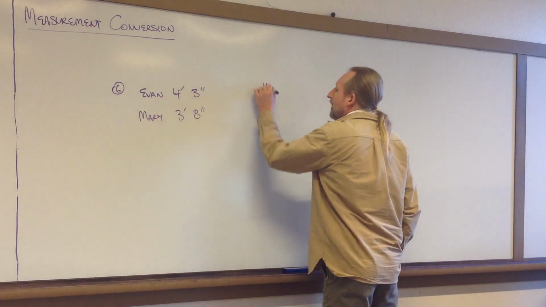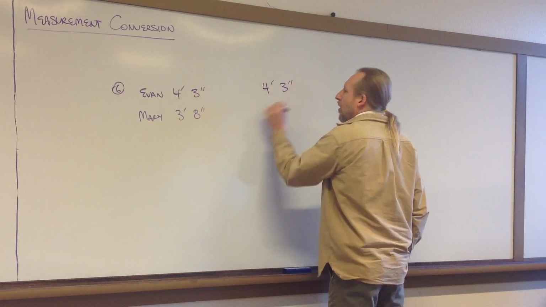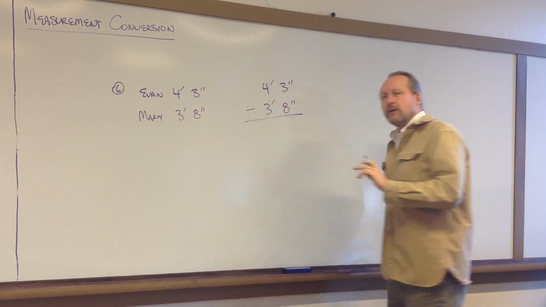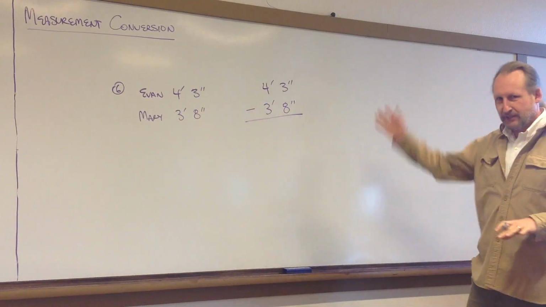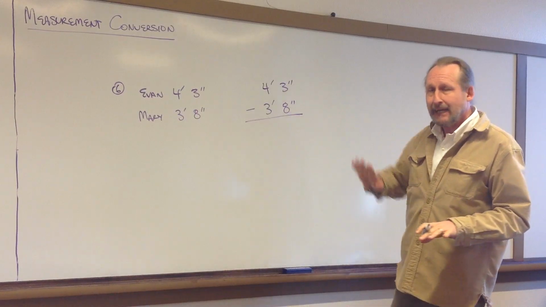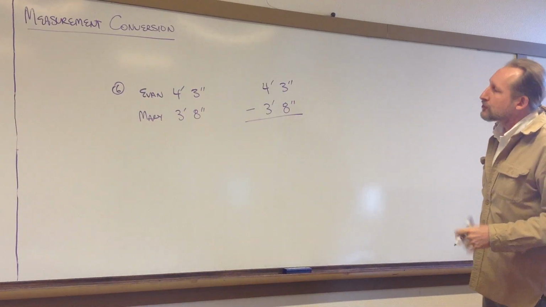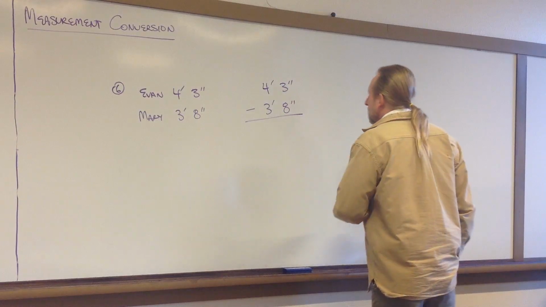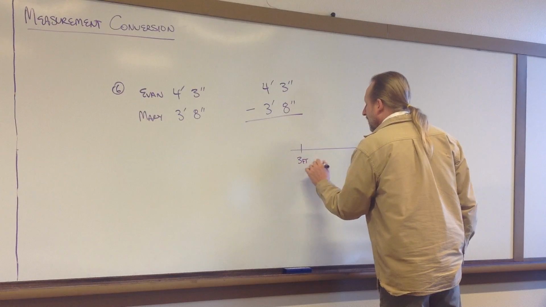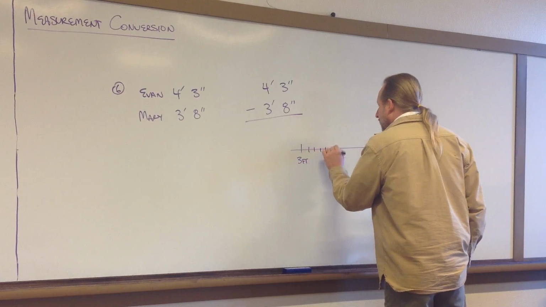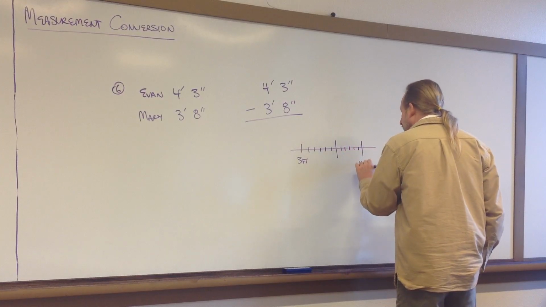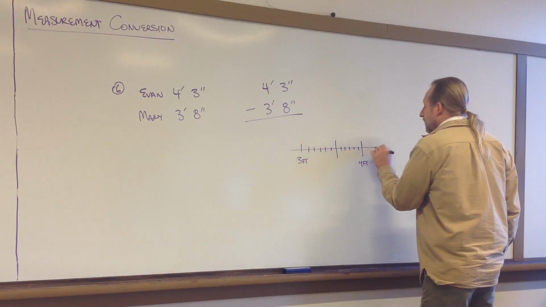Now, we can go about doing this as a subtraction problem, but we're going to run into some issues again because feet and inches are not a base 10 scenario. So another way to go about this is to think about, if you've got 3 feet, and 1, 2, 3, 4, 5, 6, 7, 8, 9, 10, 11, this is 4 feet at 12 inches.